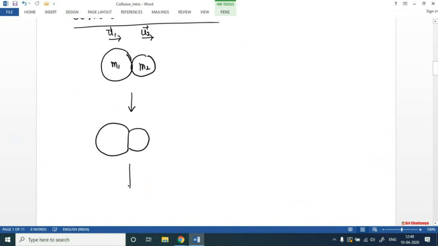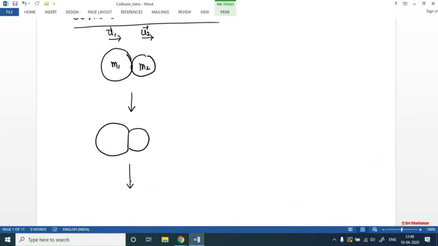All bodies have some elastic property. Elastic property means that if the body is deformed and when the deforming force is removed, the body tends to regain its shape, and that nature of the body is known as elastic nature.